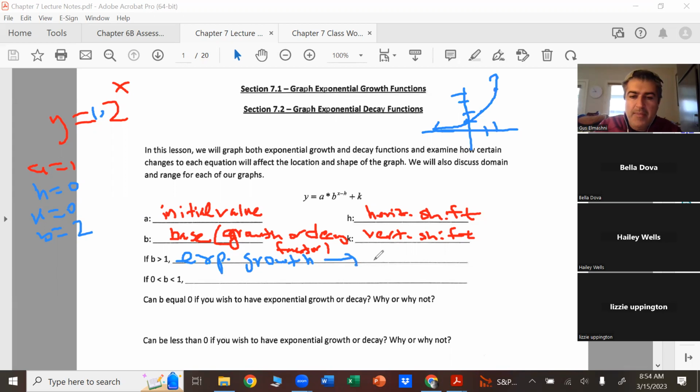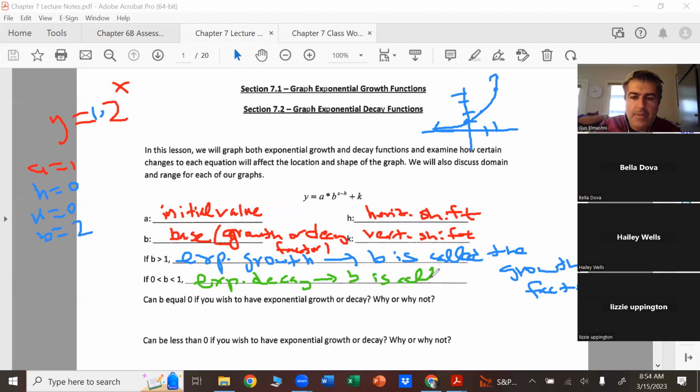So then B is called the growth factor. But if B is between 0 and 1, we call that exponential decay. So B is then called the decay factor.